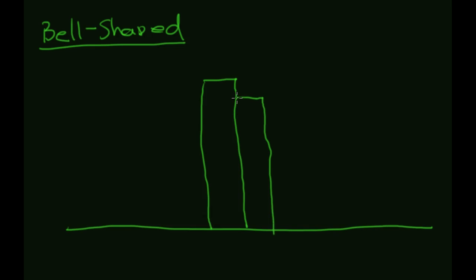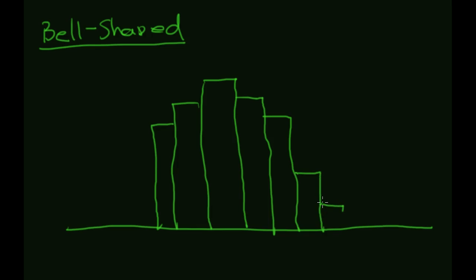And it stays pretty high in the middle for quite some time. And then all of a sudden it'll make a drop. You'll see a pretty quick drop along one side and then a pretty steady drop along the other side.